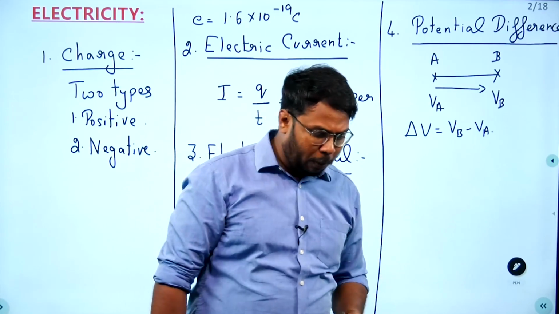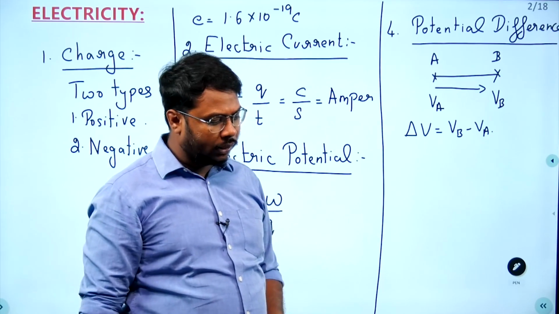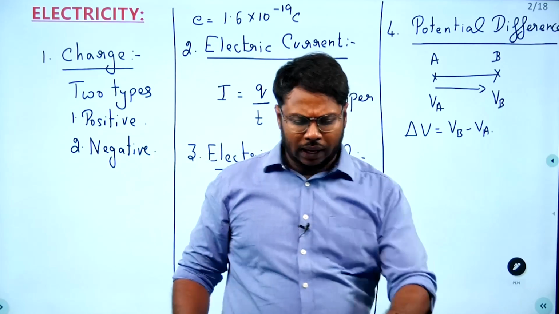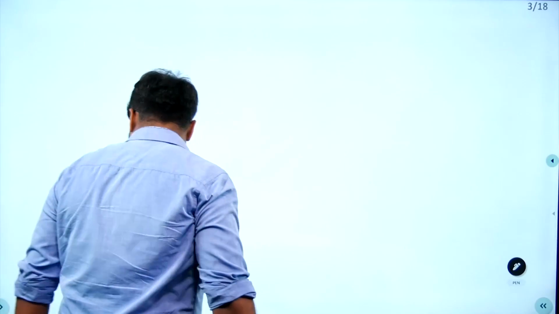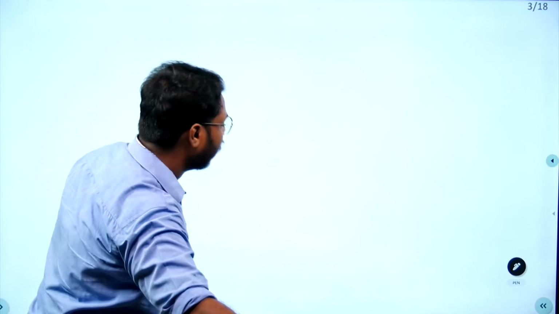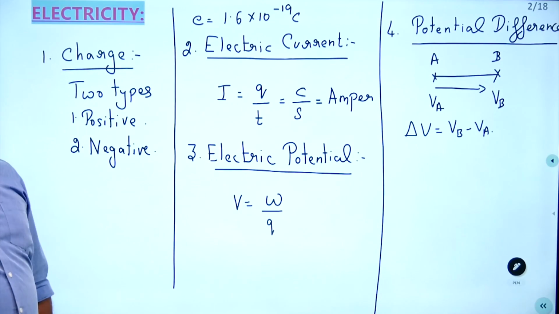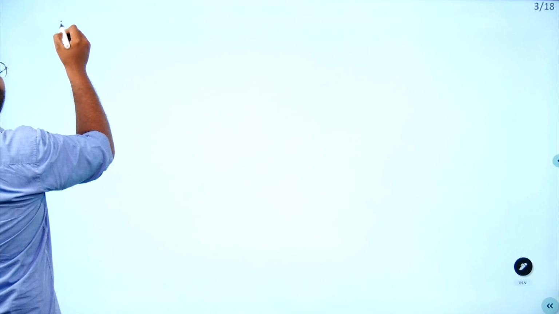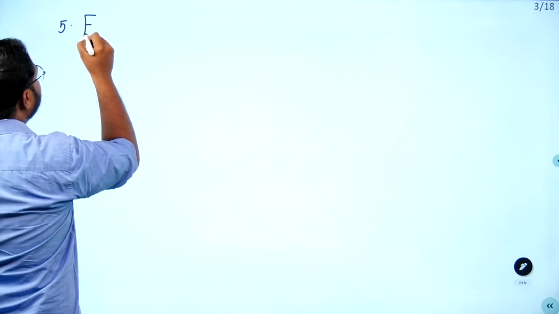The next very important quantity that you should realize is electric potential energy. What is electric potential energy? There are three terms that we have seen now: one is electric potential, next electric potential difference, now the electric potential energy.